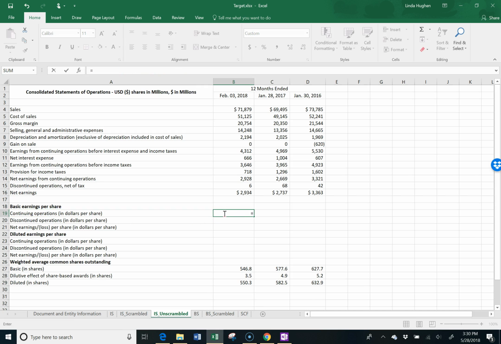Earnings from continuing operations on a per share basis, and we're given the number of shares here for basic. Earnings from discontinued operations on a per share basis. And then finally, the net, or actually in this case it was a gain, so adding the two together, or taking our net income and dividing it by the basic number of weighted average common shares.